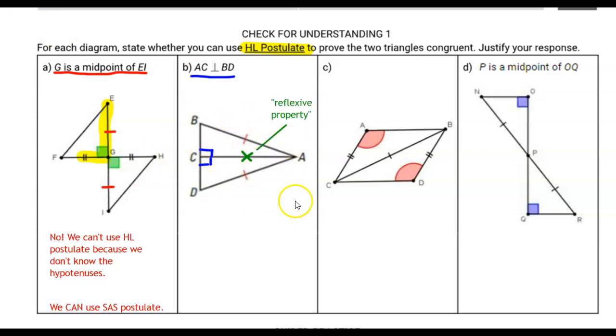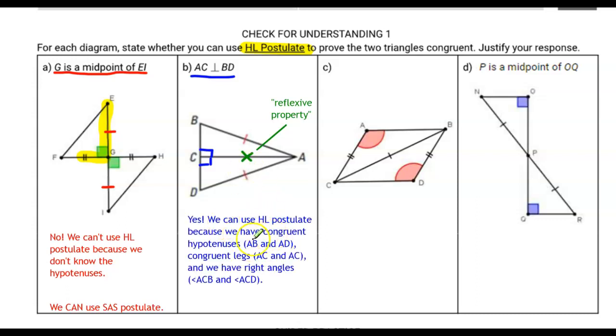So now looking at the two triangles, I have a leg of this triangle, AC. I have a hypotenuse of both of the triangles, which is AB and AD, and I know that they're right angles, so I know that they must be right triangles. So I have the three things I need: right triangles, hypotenuses, and legs. So in this case, we can use hypotenuse-leg postulate. So we are able to use that HL postulate because of the information stated here.